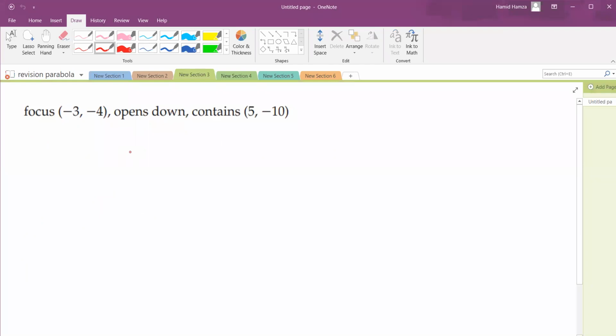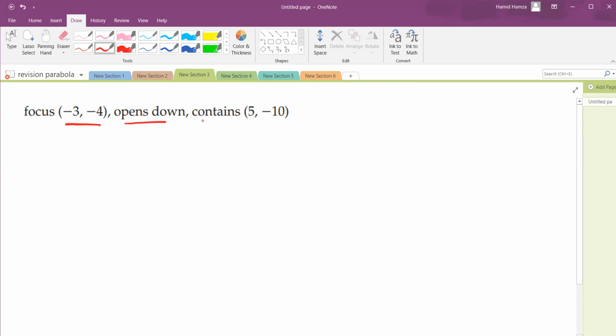Again, guys, just read it. Yeah, the focus. It's open down.